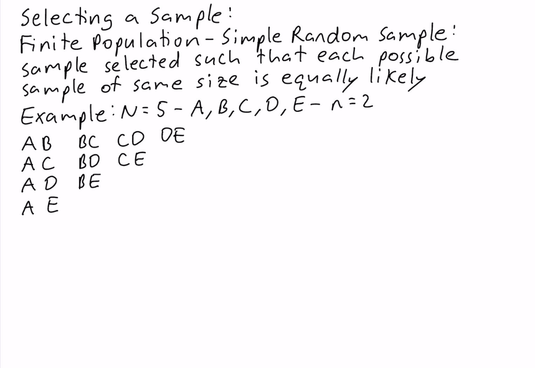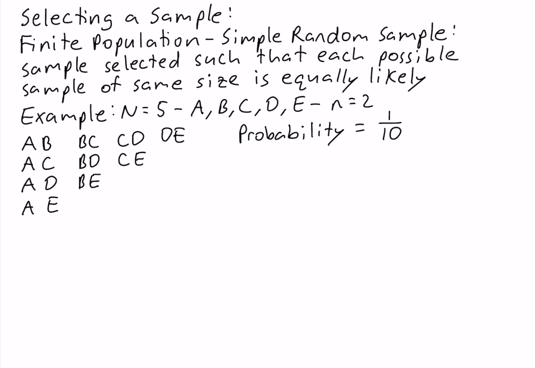So if we want our sample to be a simple random sample, each of these 10 samples has to have the same chance of being selected, which means the probability of each sample being selected has to be equal to 1 over 10.